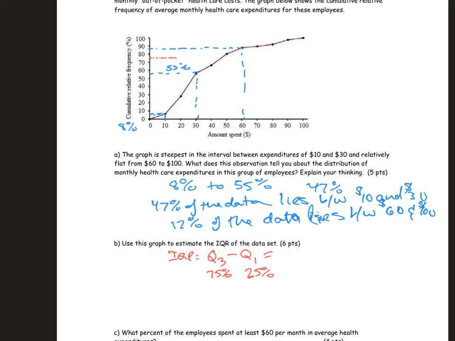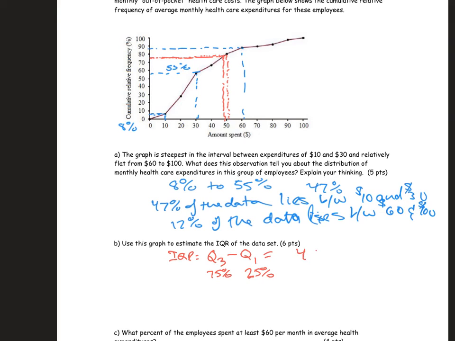Remember, the percents are on the y-axis. So it looks like 75% is right around, maybe a little bit less than that dot, somewhere between 45 and 50. Maybe I'll say 48.